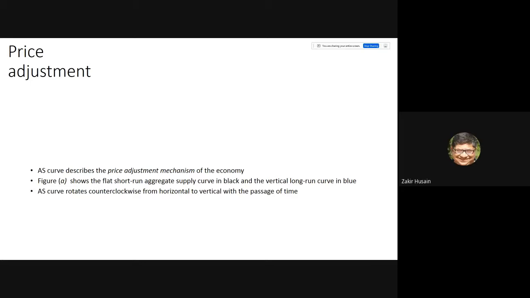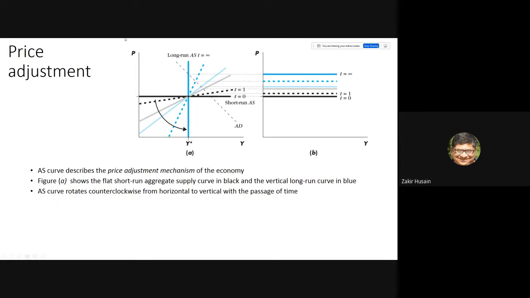Okay. So the aggregate supply curve in the classical model describes the price adjustment mechanism in the economy. Look into this panel. This is the classical supply curve, right? And we have different supply curves actually. So we can think this is the Keynesian case, the black line, and the blue line is the classical case.